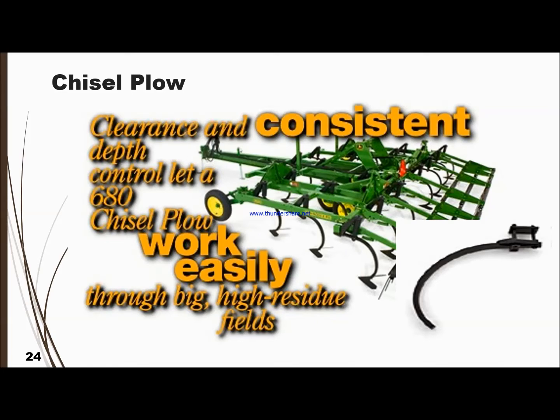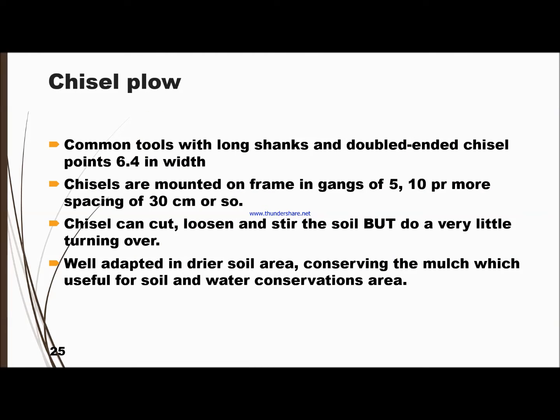Okay, chisel plow is categorized under primary tillage. A common tool with a long shank and a double-edged chisel point about 6.4 inches, which is about 15 centimeters wide. Chisels are mounted on a frame in a gang, so with a few of them in combination, and the spacing can be staggered, can be a group of them about 30 centimeters or so.